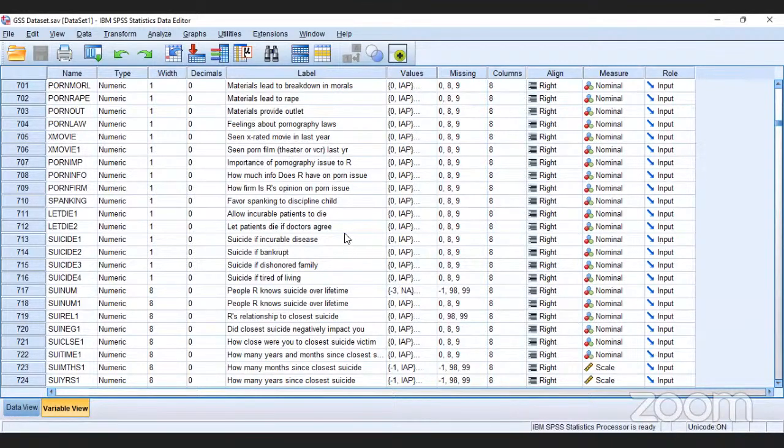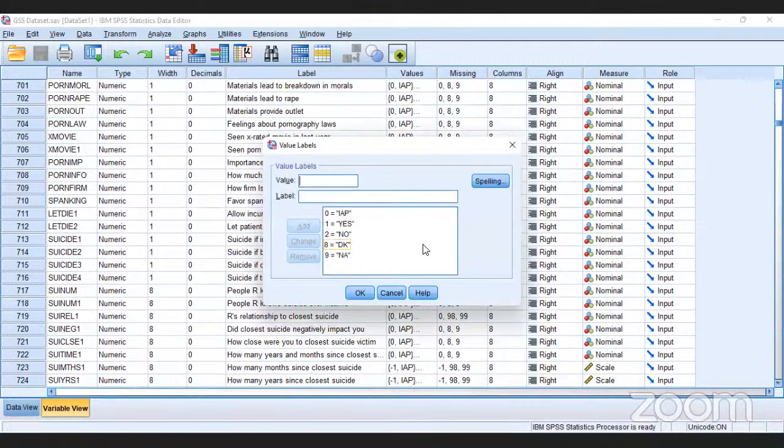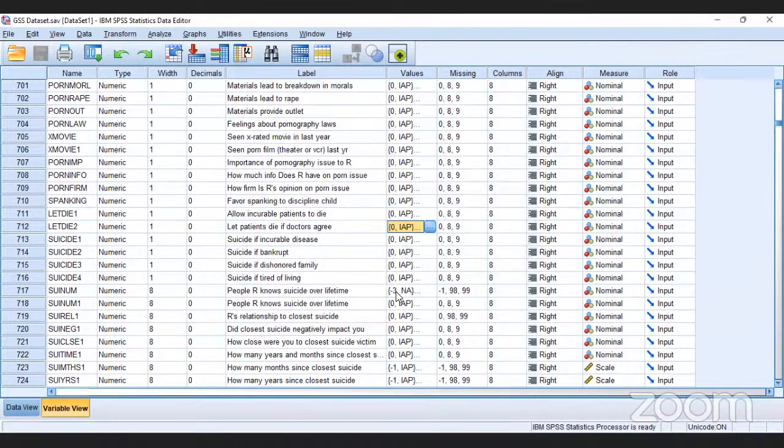Okay, look at the type of question they're asking. Favor allowing incurable patients to die. What do you think? Should we allow people who have a disease that cannot be cured to die?